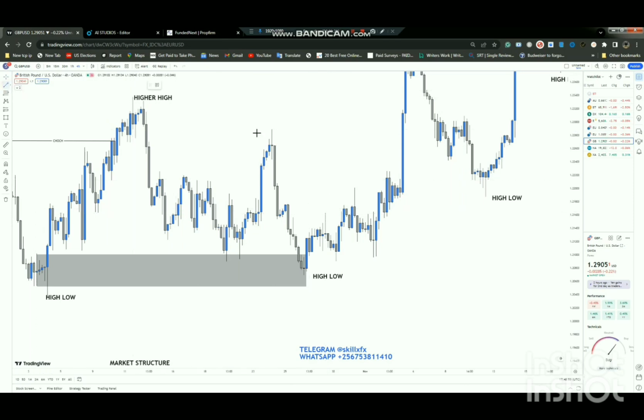This is another internal change of character that was made in a 4-hour time frame. So this is fine for us, because we are only looking for this. Now, in a 4-hour time frame, it created a change of character, which made it come back and retrace back to this order block.